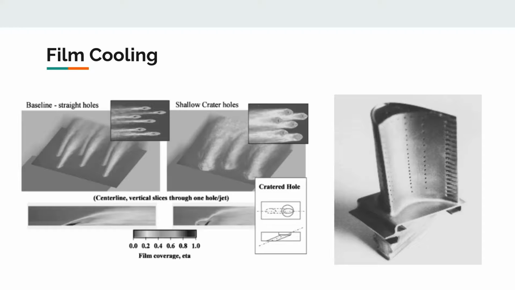Film cooling is one of the major technologies that has allowed turbine entry temperatures to be as high as they are today. It is the bleeding of internal component cooling air through the external walls to form a protective layer of cooling between the hot gases and the component external surfaces.